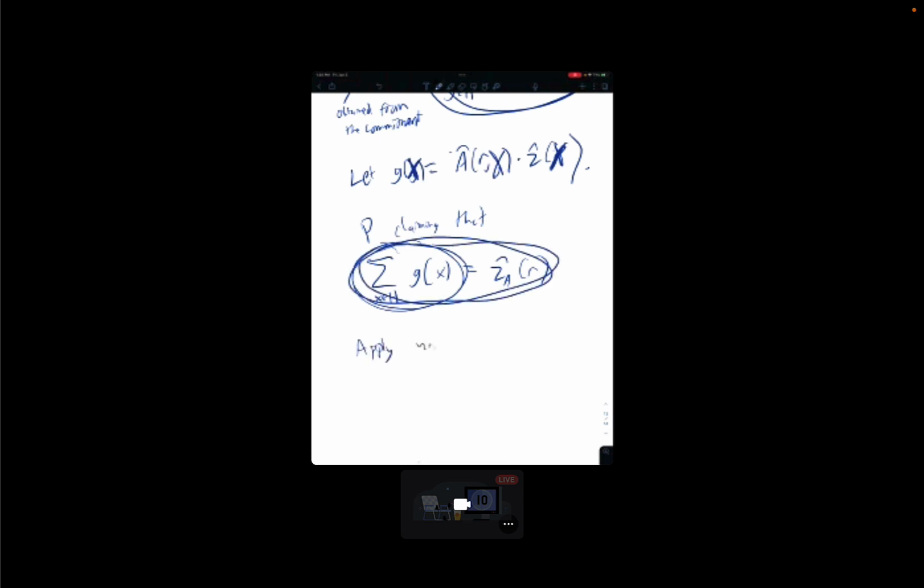So that is, we apply univariate sum check not to G itself, but to G of X minus ZA hat of R times n inverse.